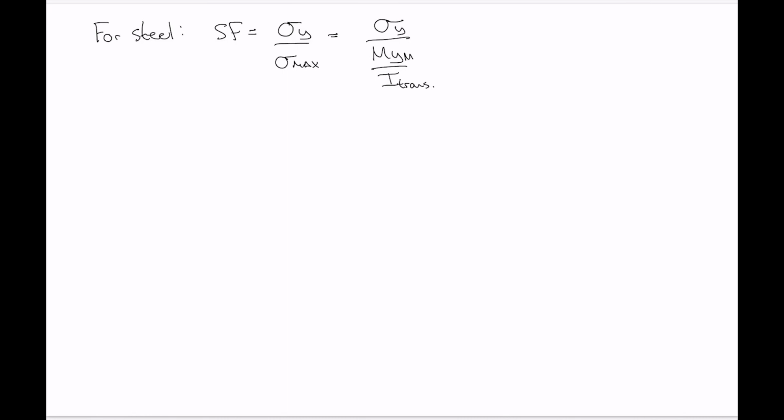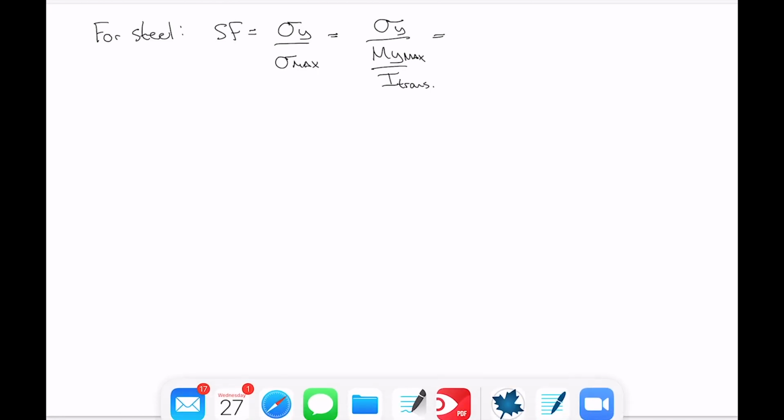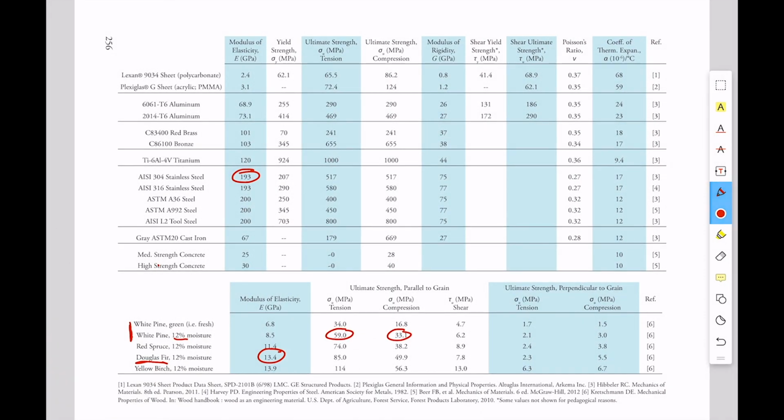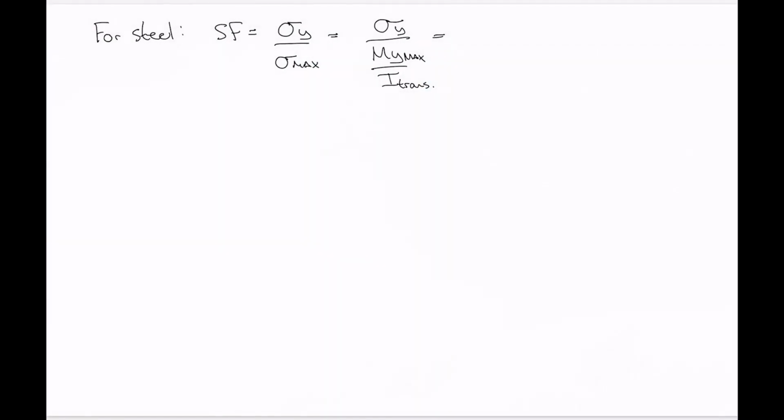Okay, and this is the maximum value of y down there. Okay, so let's put in some numbers there. So the yield strength of 304 stainless steel. Let's go back to the material property table here. 304 stainless steel, yield strength 207 megapascals. So we'll pop that in.